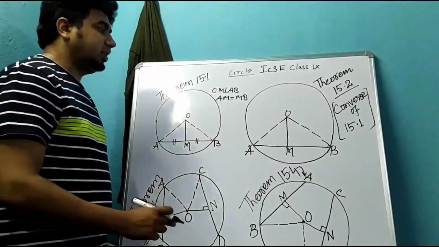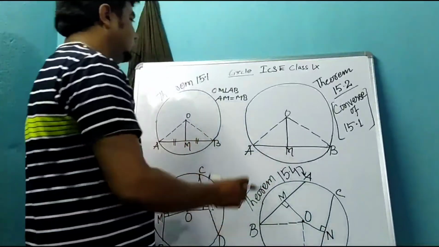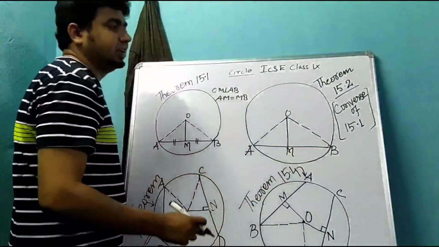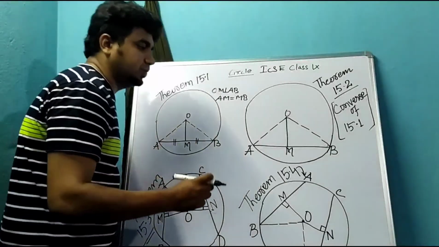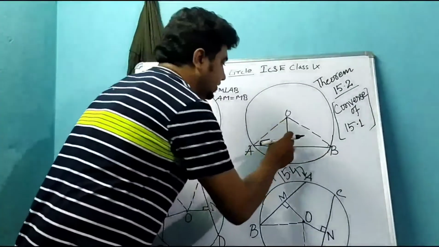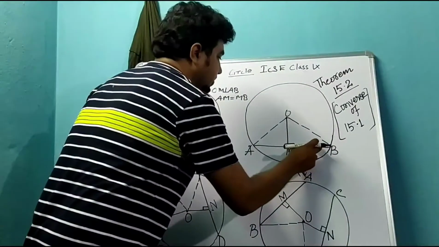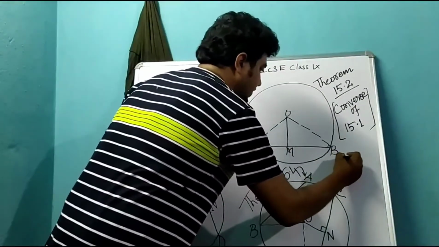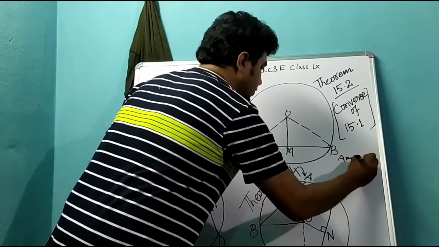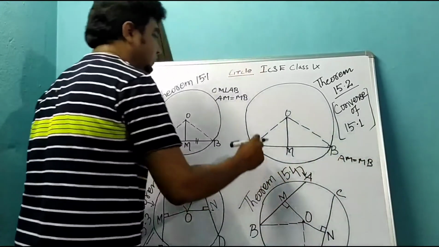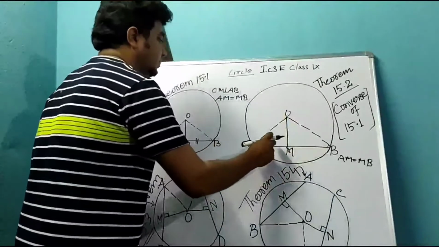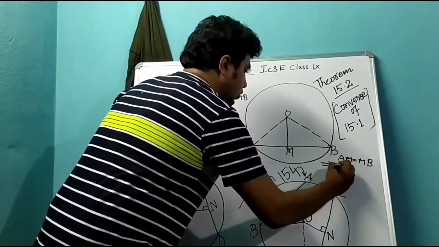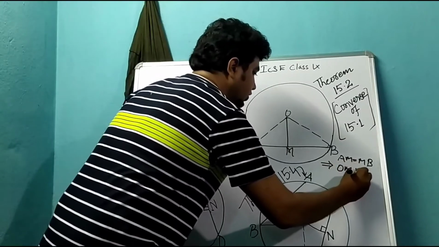Now in the second part, the converse, AM is equal to MB is given to us. In the converse theorem, given AM is equal to MB, we will be proving that if AM is equal to MB, then OM will be perpendicular to AB.